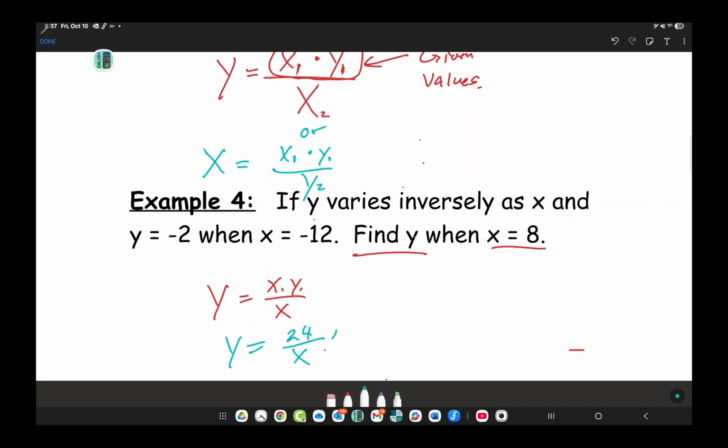Okay, so that's the equation, 24 over x. And then the answer is y equals 24 over 8. So that gives you y equals 3.